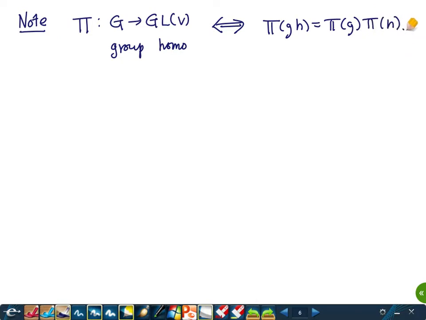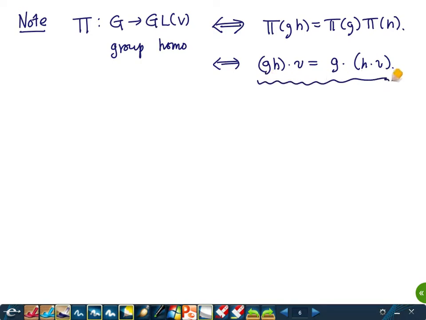And in terms of group action, this means that g h acting on v must be equal to g dot h dot v. So group action or group representation is basically a linear action with an additional condition like this. Linear action means it's an action respecting the vector space structure, and group representation is a linear action with an additional condition like that.